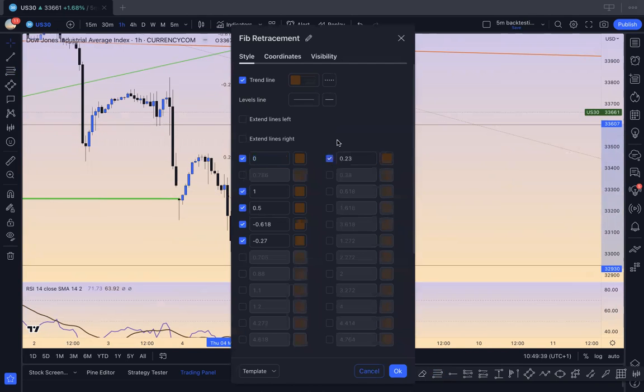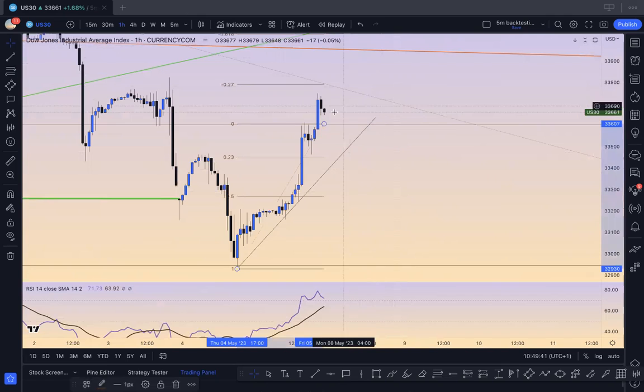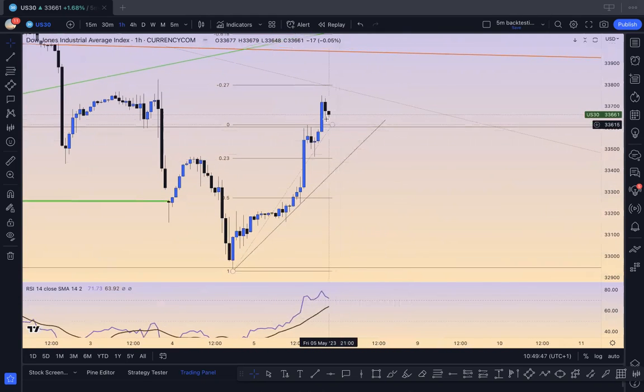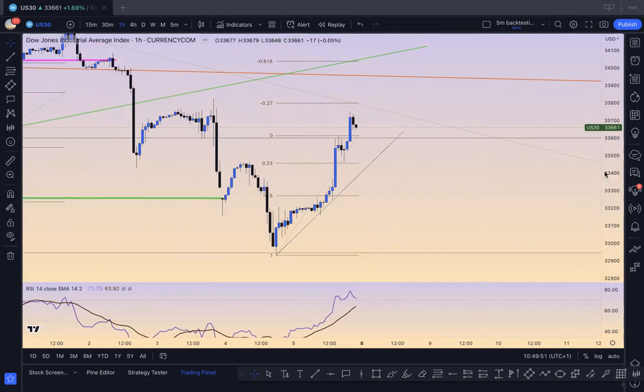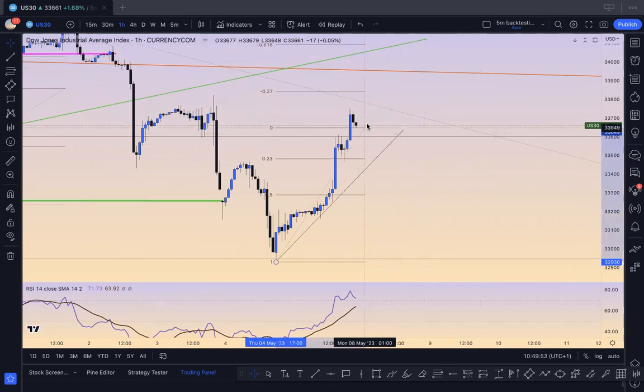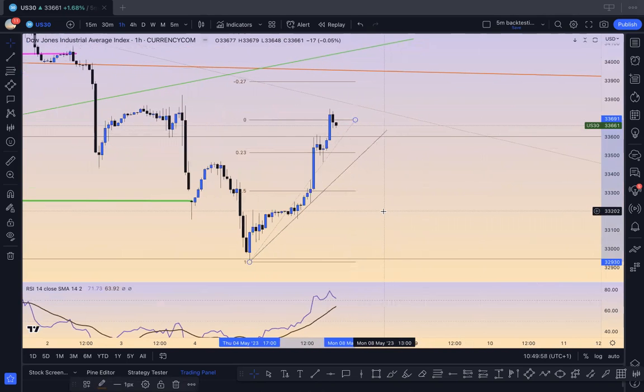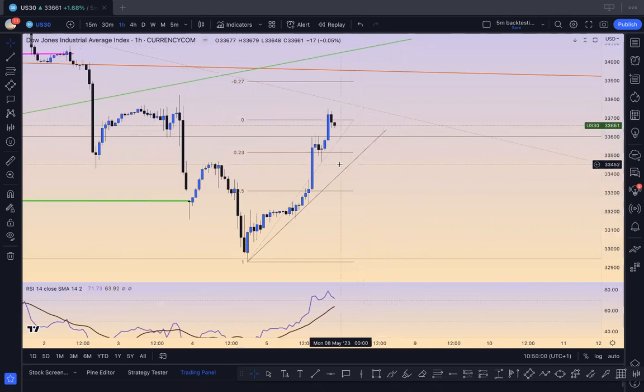Let's see the 23 retracement. It didn't retrace to 23. So before even talking of a short, I want to see retracing to 23 first, finishing the fib, and then reversing, because then I would know that this impulsive move would be over.